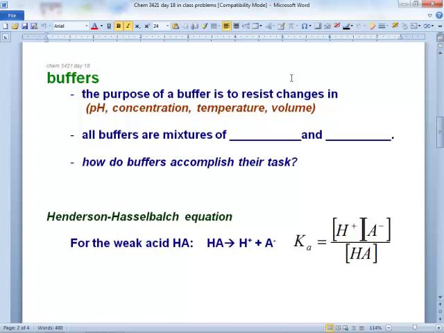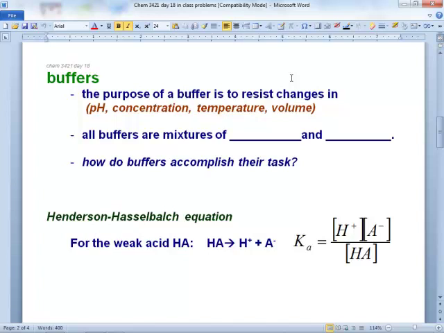Tums, calcium carbonate, right? I don't know, eating a lot of basic foods. Your conjugate acid, whatever it is, we had them on the previous page, will take care of it, right? Yeah. So the conjugate acids are going to react with whatever base you have to maintain the pH. The conjugate, what's the other one? The conjugate acid reacts with any basic stuff. The conjugate base reacts with any acidic stuff to keep the pH constant.